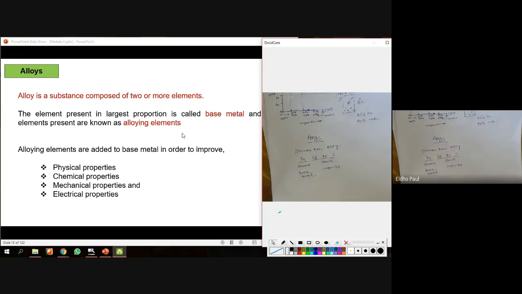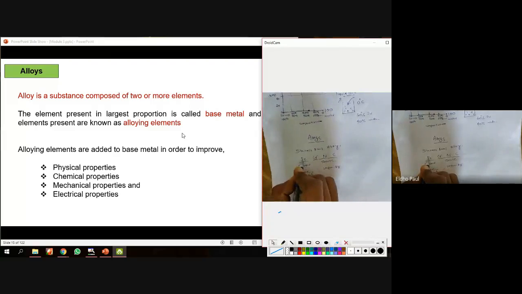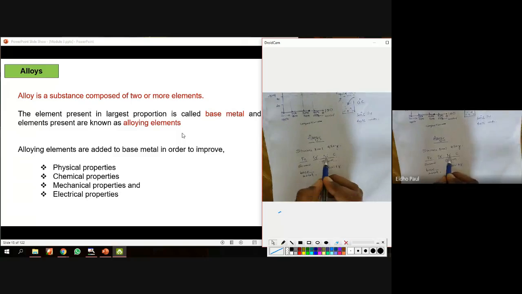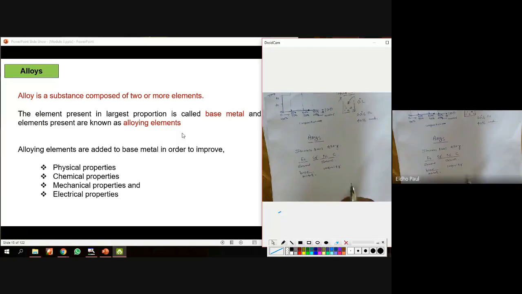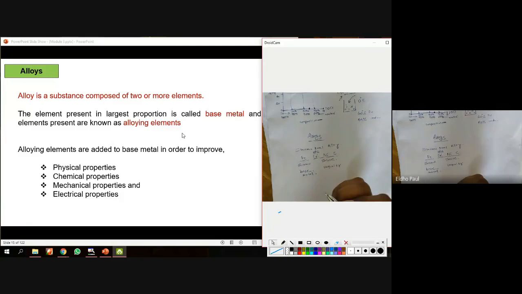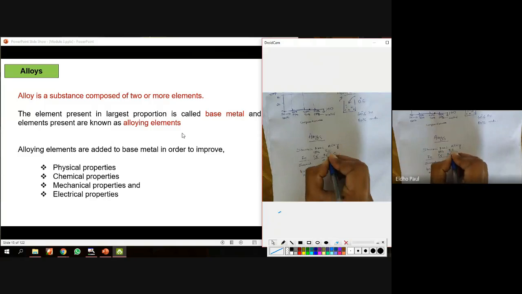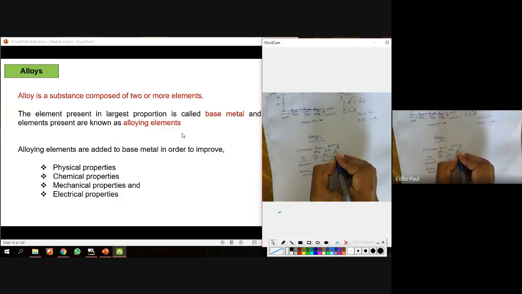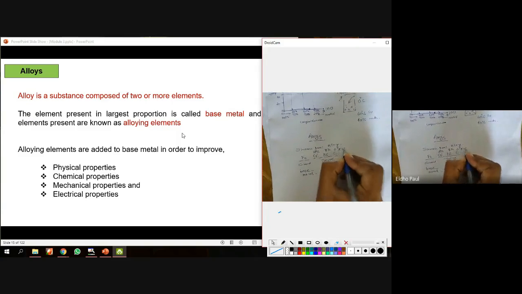By the alloying process, by adding impurity into a pure material, we have pure material of iron. In the pure iron, without any external impurity, we add some impurity atoms or elements: chromium, nickel, carbon. In case of stainless steel, we add around 18% chromium, around 8% nickel and around 0.8% carbon.